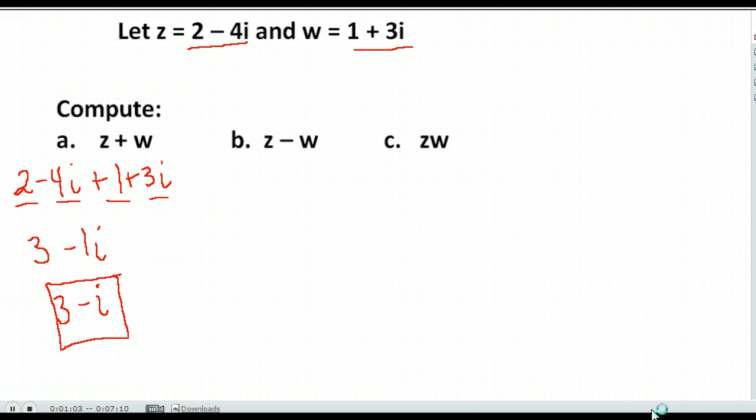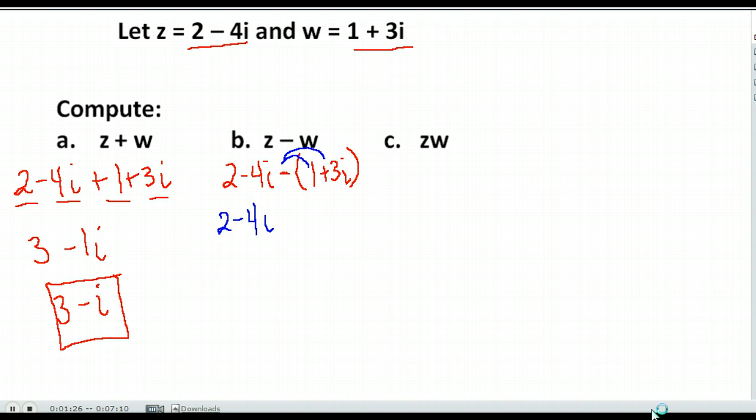Okay? If we want to do z minus w, we need to be a little careful because of that negative sign. So I have my z, again, was 2 minus 4i, minus, I'm going to put this in parentheses here, 1 plus 3i. The reason I put that in parentheses is because I'm subtracting that whole quantity, so I have to distribute the negative to both parts.